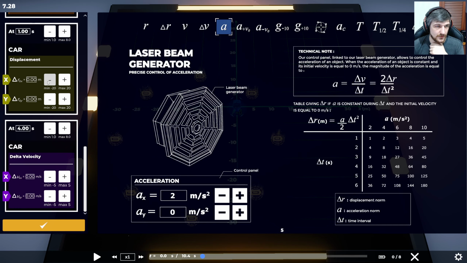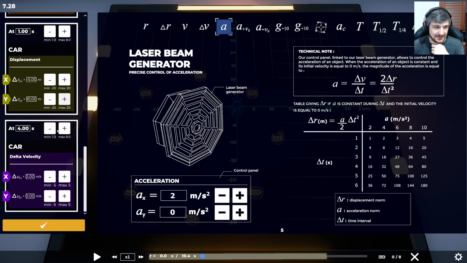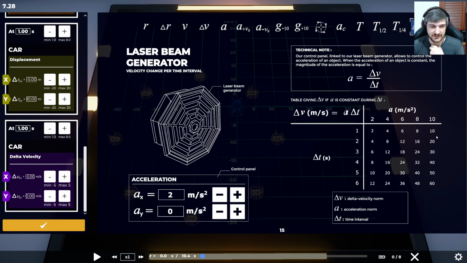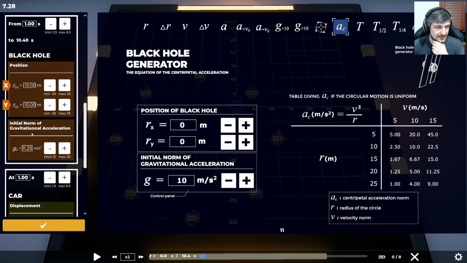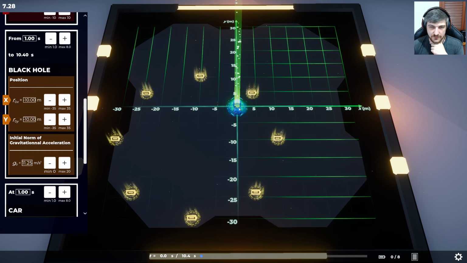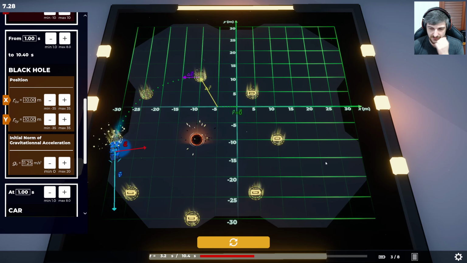So we're going to go a further -5 and 10. And at 1 second, we're also going to increase our velocity by a further 5. Because it's going to be from 10 to 15, and we need to be going 15 to get around this fast enough, right? That seems fine. Let's try it out. So we should move here, teleport here, and then be fine to go around here in time.